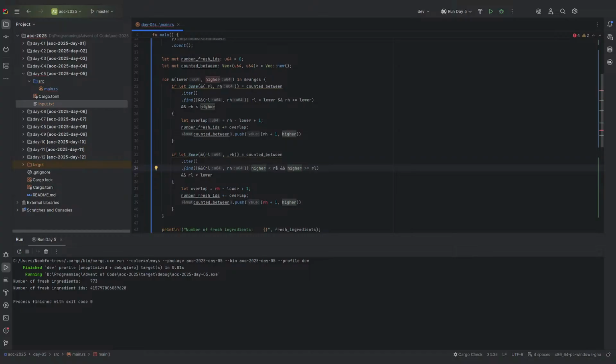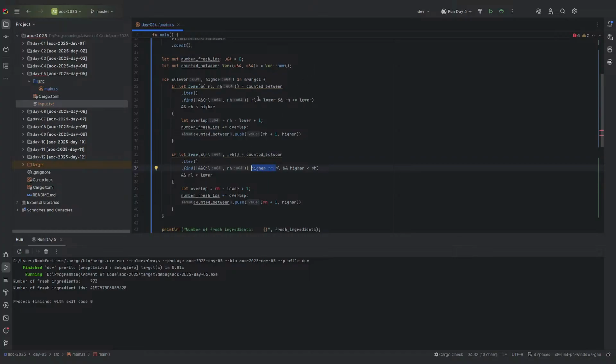I'm looking for a range where something where overlap on the high side, so its lower bound.